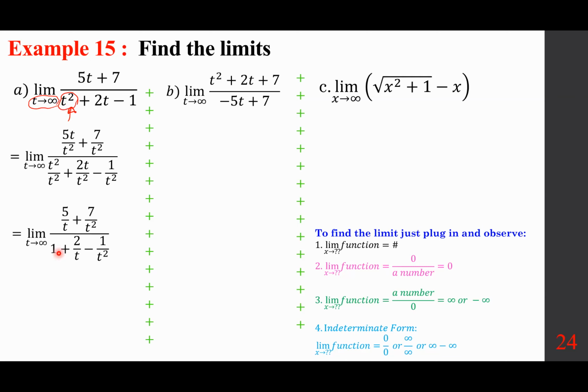Since t is approaching infinity, if we replace t with infinity, everything goes to 0 except 1. It is extremely important to see that here we have 0 over some number. That means 0 over 1, which makes it 0. That's really the key.